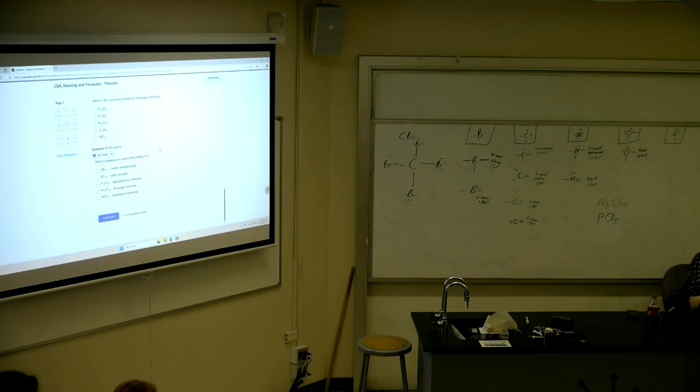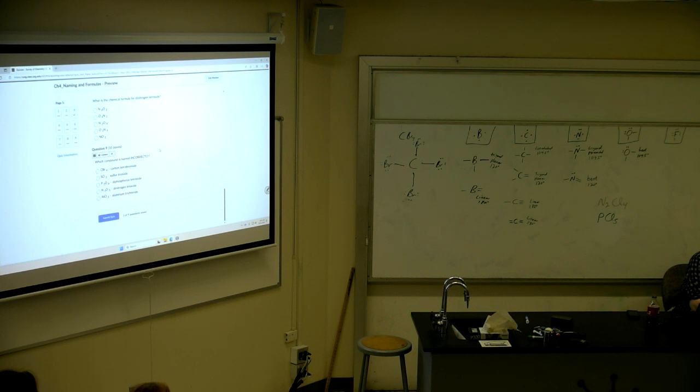There are more Latin words for 11 and 12 and stuff, but we won't do those. So 1 carbon, 4 bromines, so that's carbon tetrabromide. 1 sulfur and 3 oxygens, so it's sulfur trioxide. 2 and 4, so it's di and tetra, so diphosphorus tetroxide.